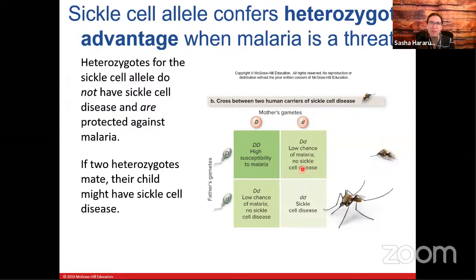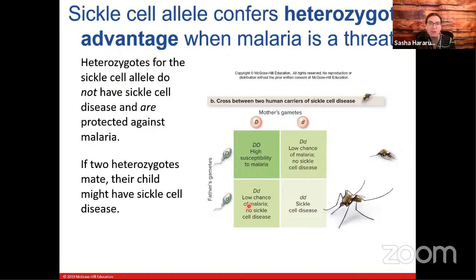And that has to do with Plasmodium not liking misshapen erythrocytes. Plasmodium feeds on blood, okay? Plasmodium loves blood. And if some red blood cells are poor in oxygen, Plasmodium will not survive.